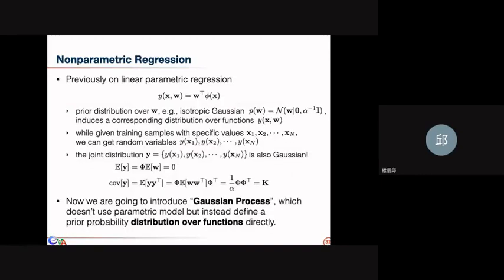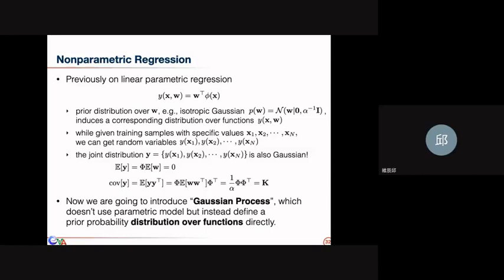So we name this type of regression non-parametric regression. We name this type of regression non-parametric because now your regression model is actually based on the relation between the data points.